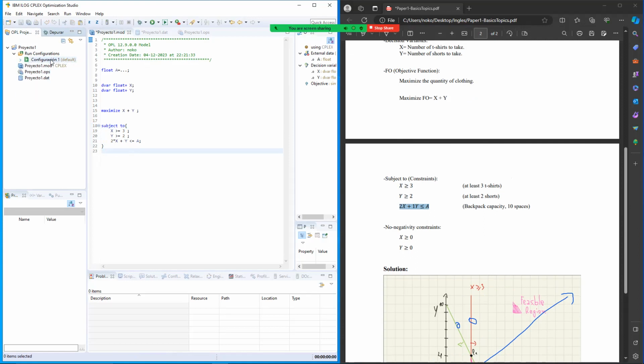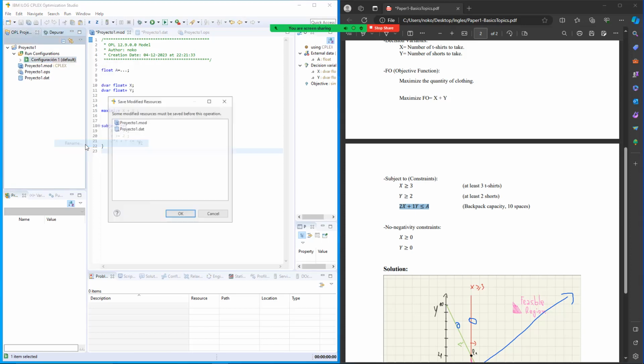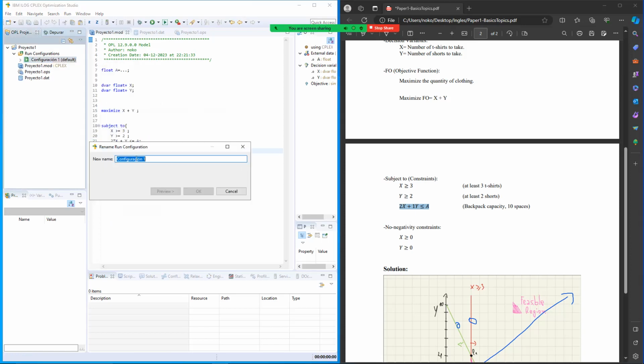You need to rename this file because it has a forbidden letter. Maybe you need to remove this O and put this O, or maybe write another word like configuration.